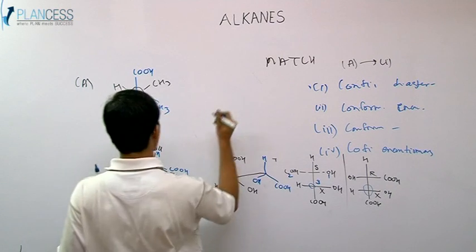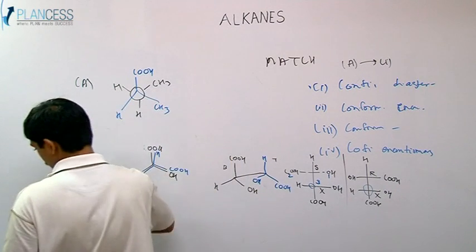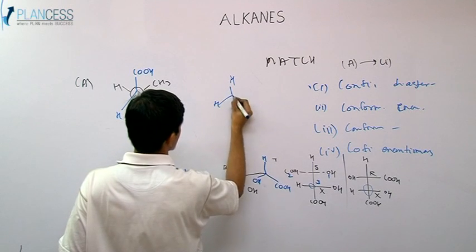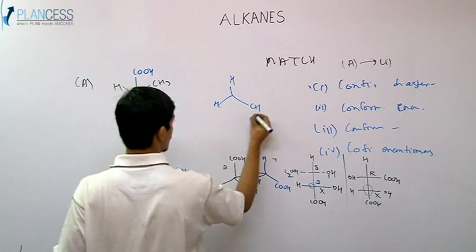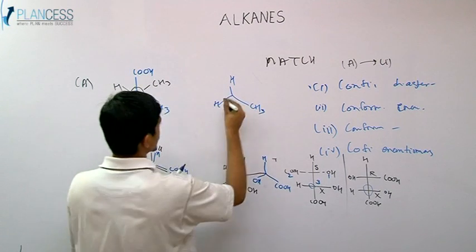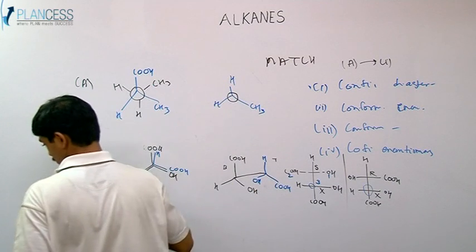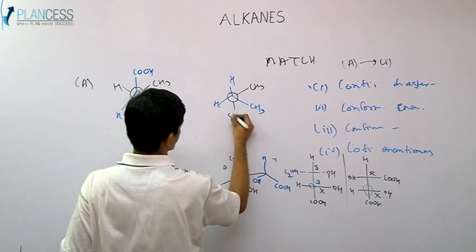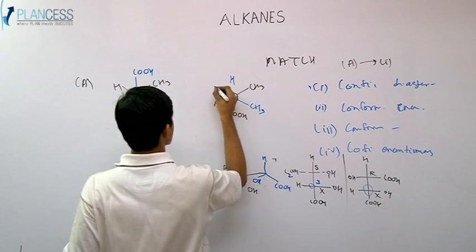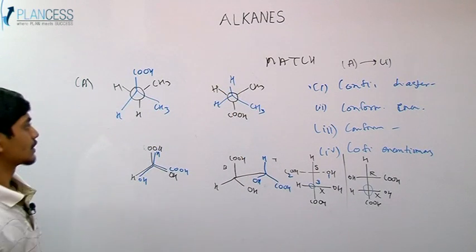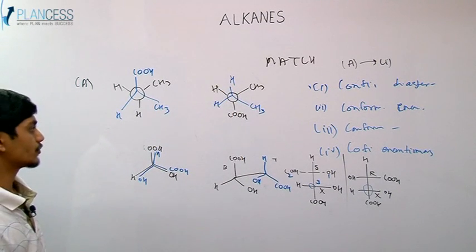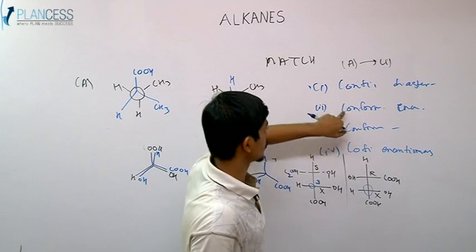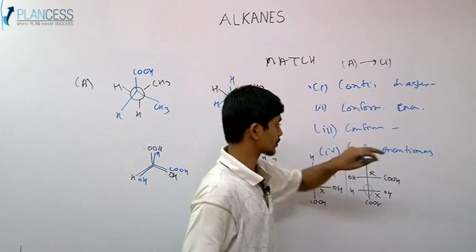Our question says that on the front we have H, H, CH3. On the back we have CH3, COH and H. CH3, COH and H. Now these two conformers we have to identify whether they are conformers or conformational enantiomers or configurational enantiomers or configurational diastereomers.